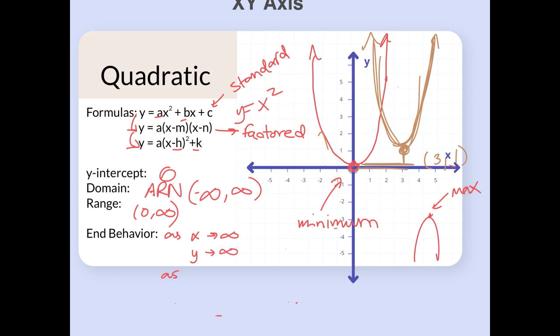Now, the other kicker though, as the x approaches negative infinity, what is happening to the y? Well, it goes down for a bit, but it continues on the other end to then go back up. So for your quadratics, as the x approaches negative infinity, your y is actually going to approach positive infinity because it keeps going back up no matter which way you look at it from the x sides.